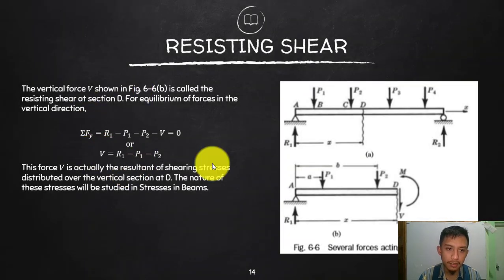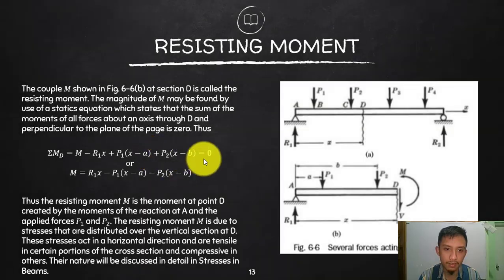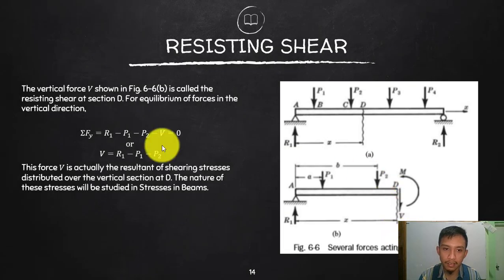You can summate moment once you already established M, but your M is in terms of equation. So that will make your shear equation longer compared to what it is supposed to be. Therefore, to avoid that, we will be doing the summation of forces vertical, for us not to include that moment here, which is in terms of equation.